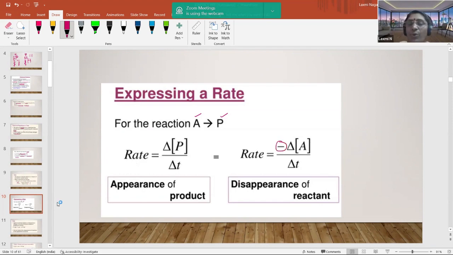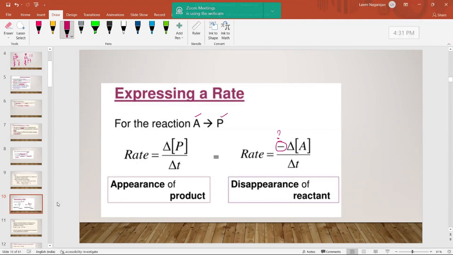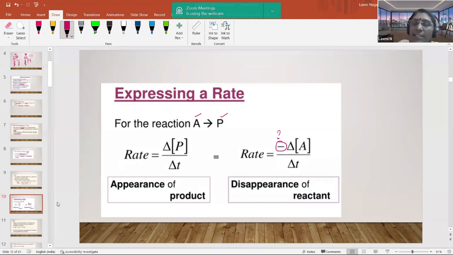So our first role would be to say why this negative. If this is put in the minds of the children very clearly, they would never forget why the negative sign is needed. Let us assume the starting material in the reaction is 10 moles, and in the beginning the product is 0.